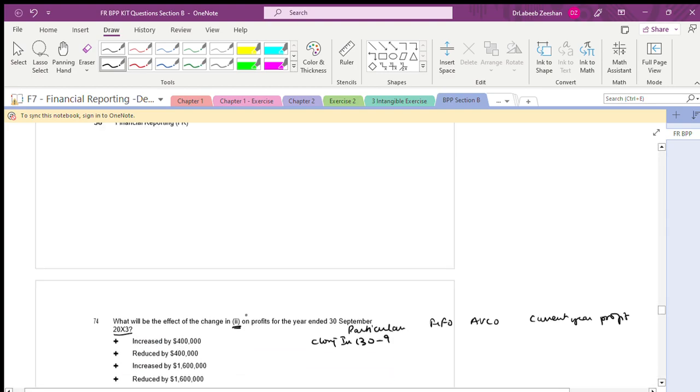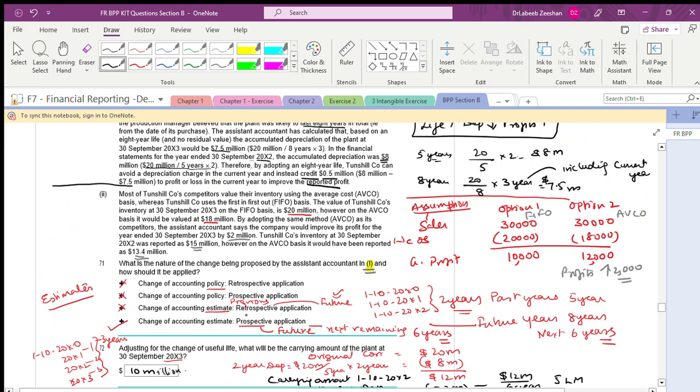30th September 2002, how much is there? 15 and 13.4.